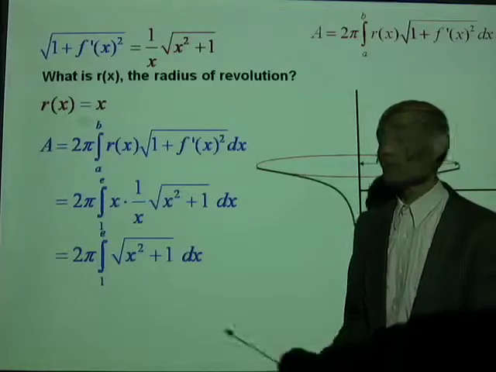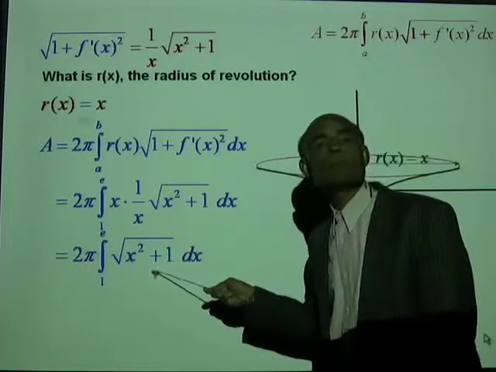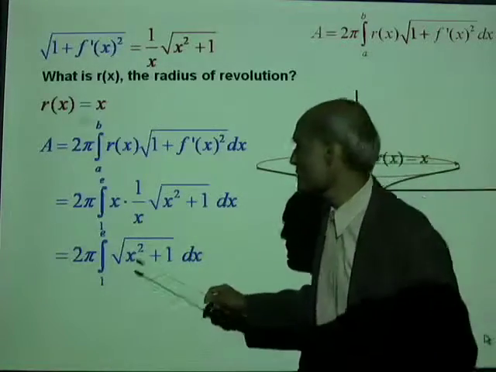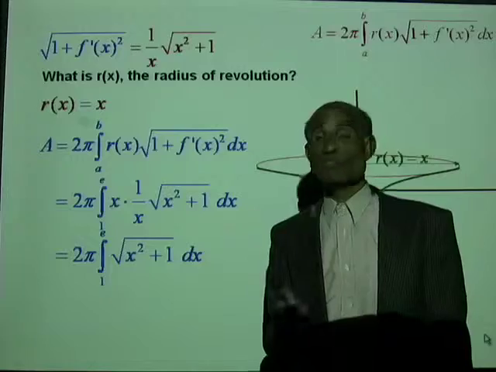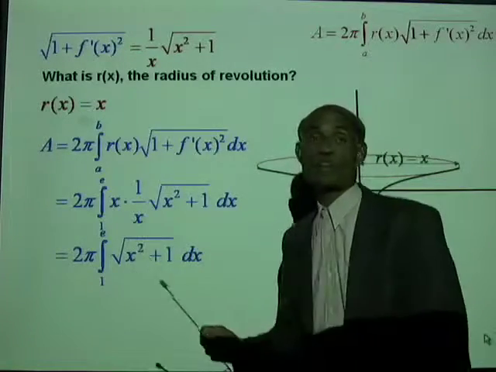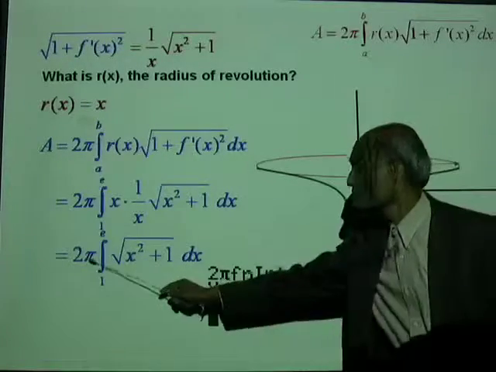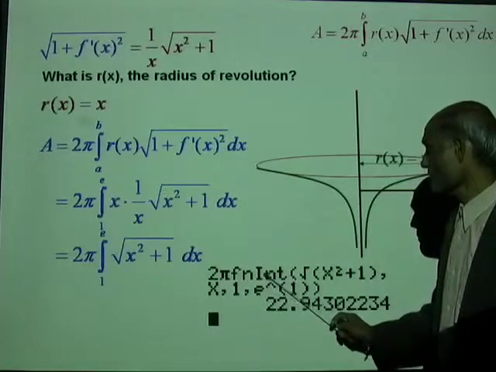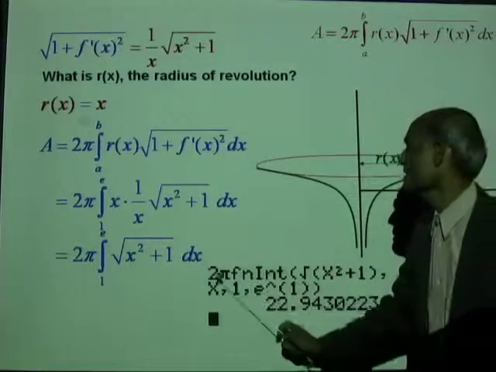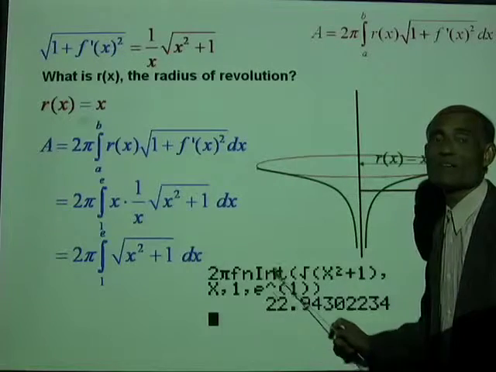Well, we haven't actually developed a method to integrate this yet, but soon we will know how to integrate quantities like this. So until then, we are going to find the value of this on the calculator. So go like this: 2 pi times finite integral square root x squared plus 1 when x goes from 1 to e.